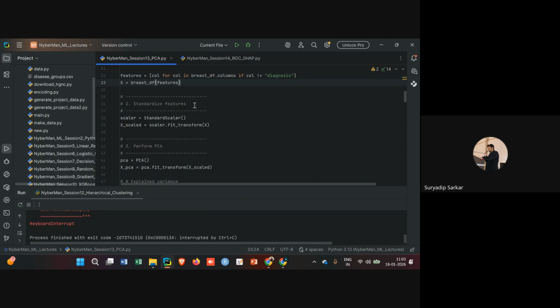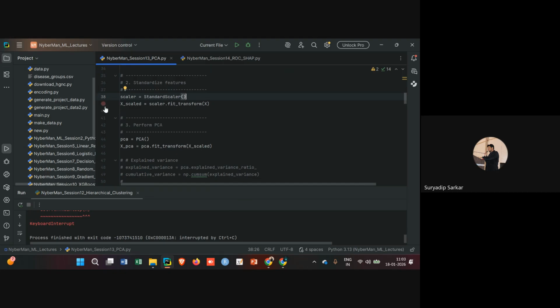It creates PC loadings, which are a linear combination of each feature. So you want all the features to be of the same scale. You don't want a feature to dominate simply because its scale is higher than that of another feature. That is why it is very important for you to do standardization here as well, and that is what we're doing using standard scaler.